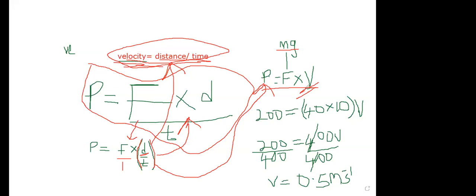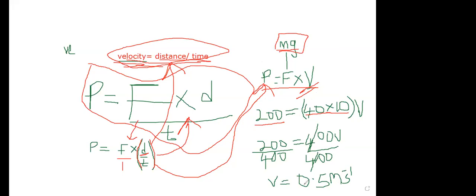After knowing that my velocity, which I don't have but they have asked for, can be got from this expression, I put in what I had. I put in 200 because 200 is the power. Then 40 is my mass and 10 is the acceleration due to gravity. So those two give me the force.